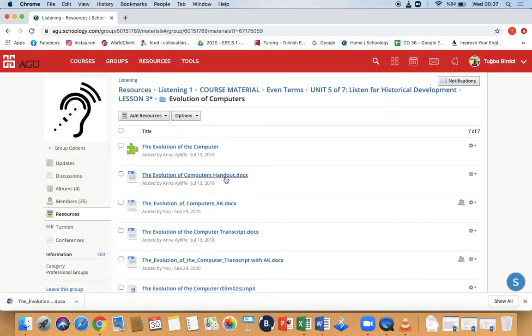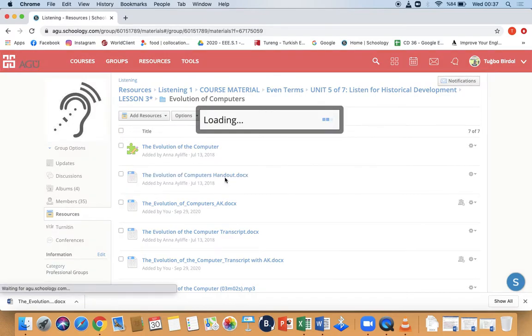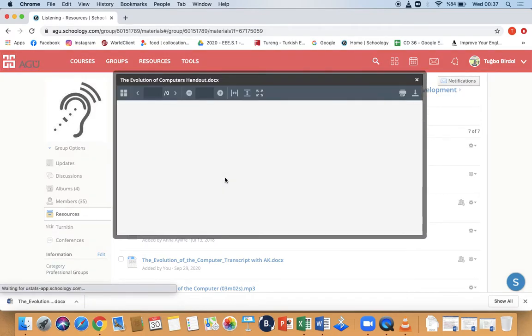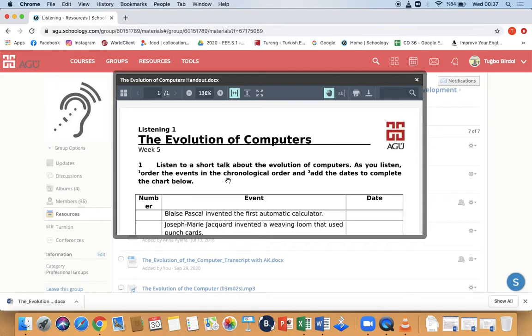And then you should download the handout. Let's download the handout and see what the lesson is about.